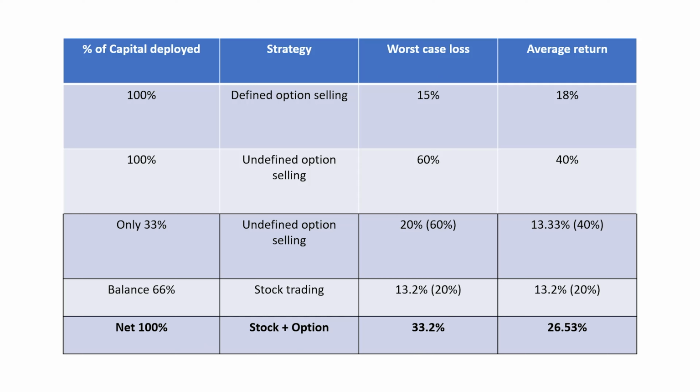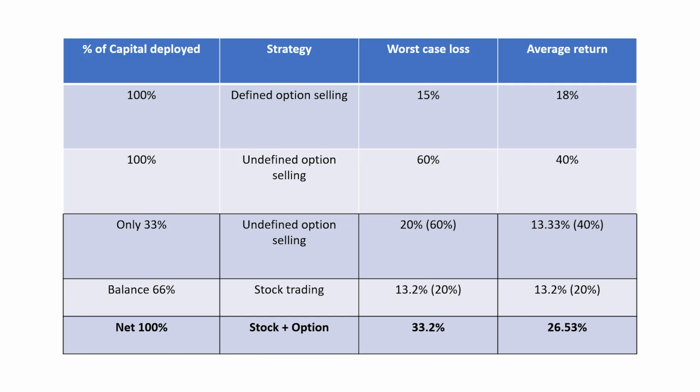I'm not saying you shouldn't do the defined option selling, because on an average return and worst case loss perspective, defined option selling beats every other strategy below this. But the 18% return will even reduce to 13 or 14% after taxes, so it will not be worth our active investment. That is the only problem with defined option selling.